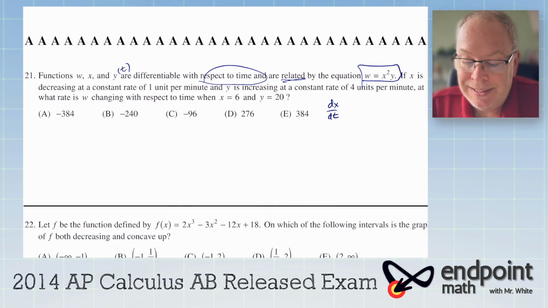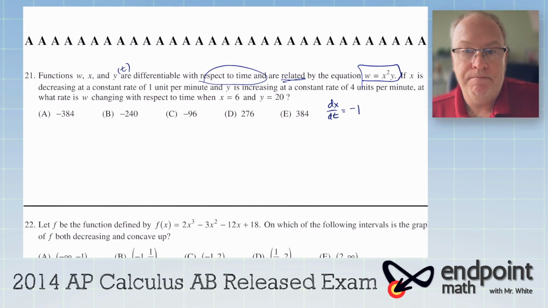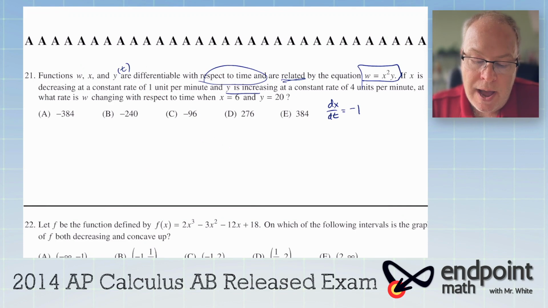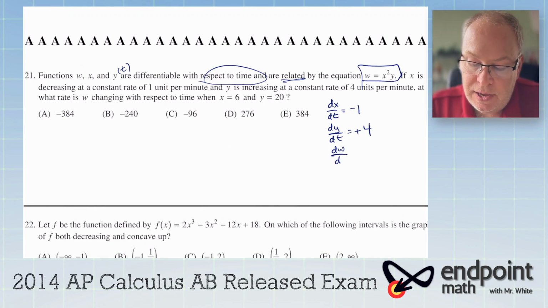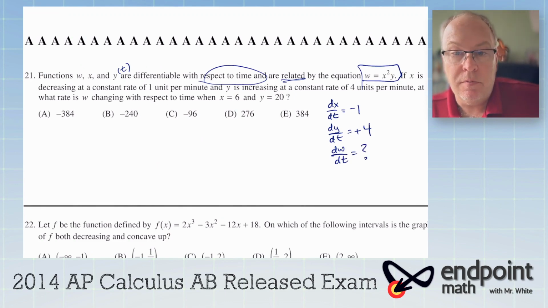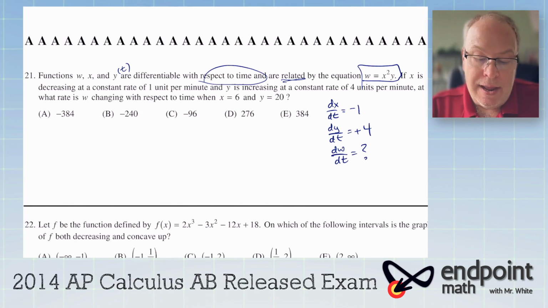I always use the Leibniz notation. Decreasing means it's going down by 1. And y is increasing, so that means dy dt is going up by 4. At what rate of change? They're asking, dw dt is what? That's what we're going to solve for when x equals 6 and y equals 20.